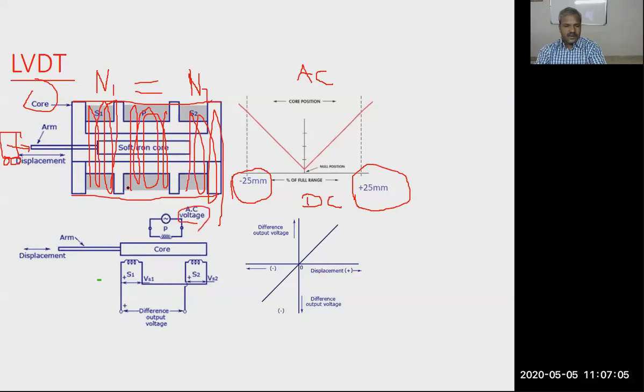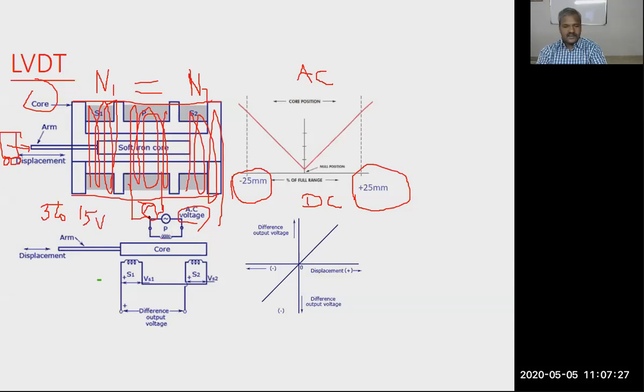The primary coil is excited by AC. The range of AC excitation here also: the magnitude is 3 to 15 volts AC, and the frequency is 50 hertz to 20 kilohertz.